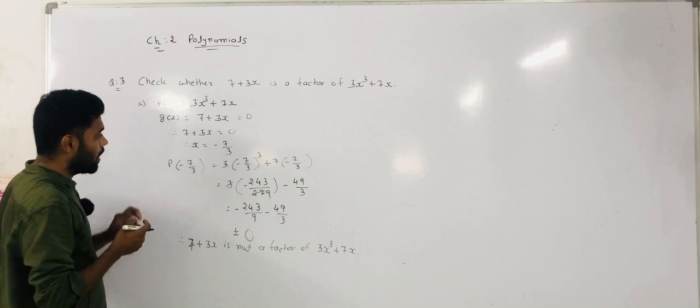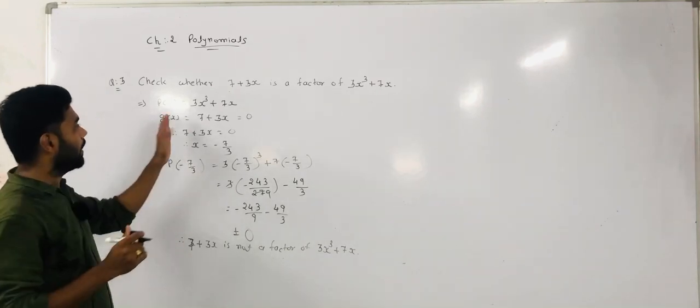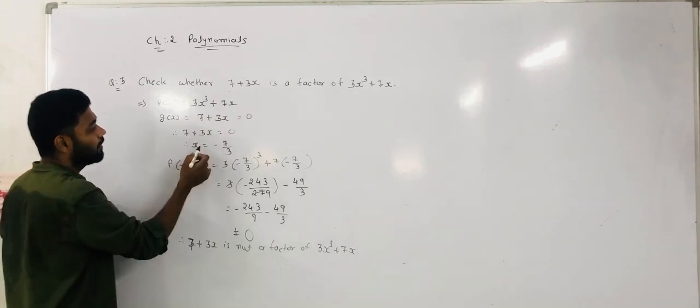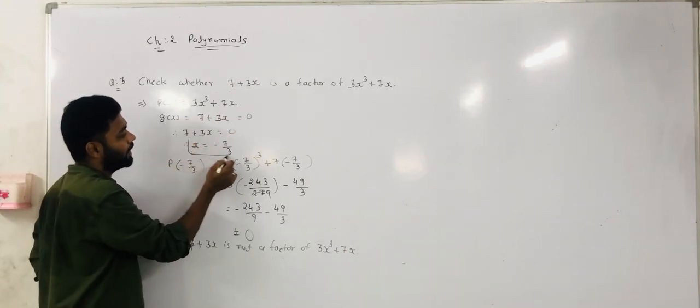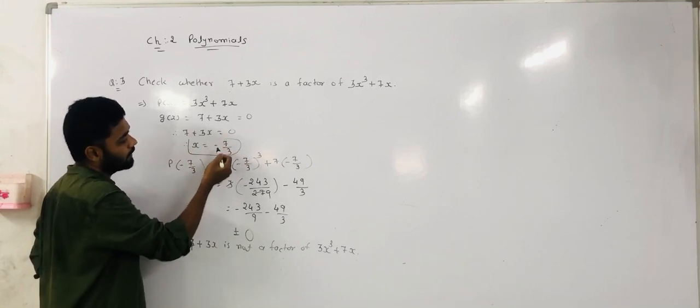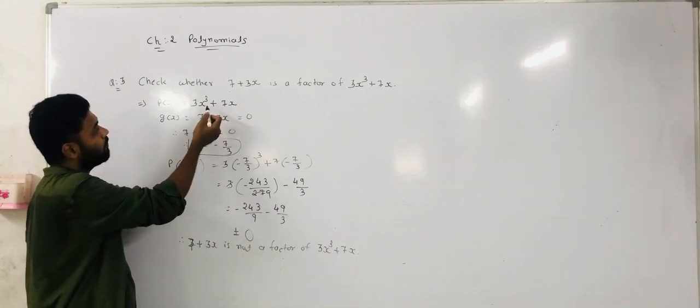So when will it be a factor? Whenever you compare g of x with 0 and, whatever the value of x, in this case x equal to minus 7 by 3, if you get p of x equal to 0, then and only then g of x is a factor of your p of x.